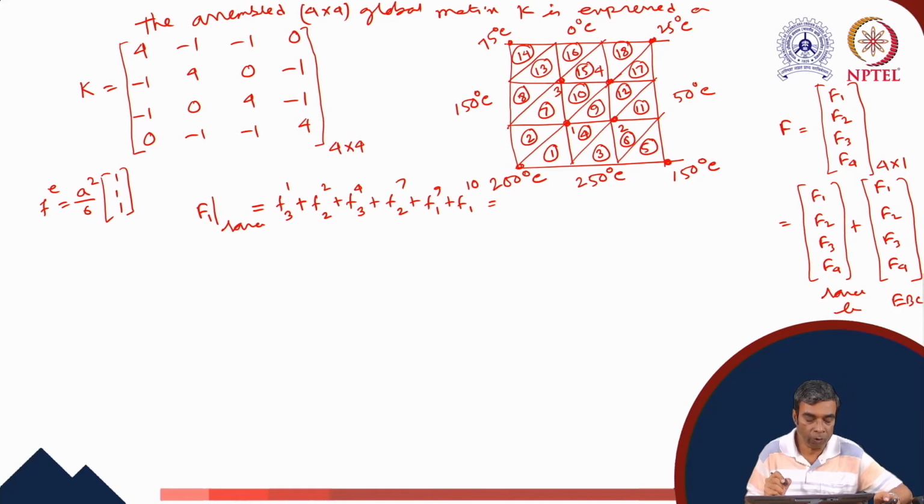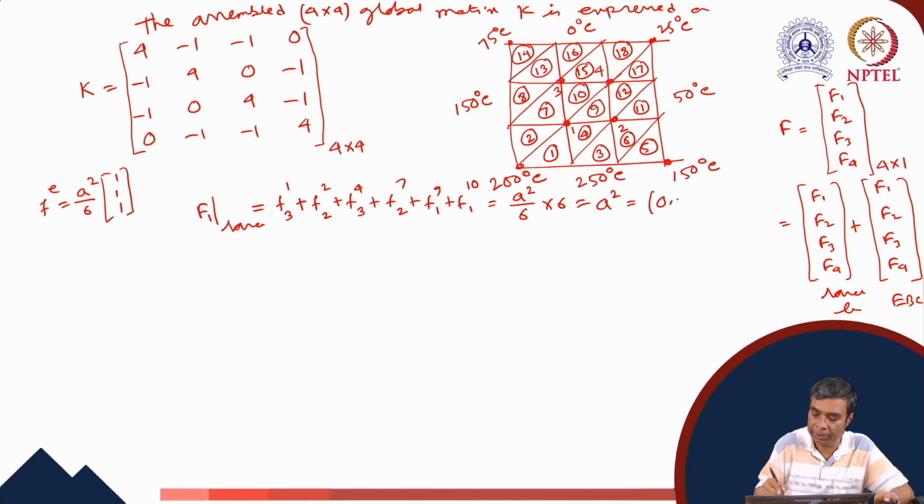All these are equal to a square by 6. So we have 6 contributions. So we can say that this is a square by 6 into 6 equals a square. A is 0.5. So this is 0.5 whole square equals 0.25.